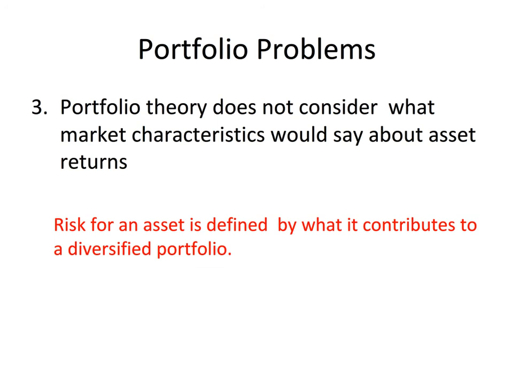You have a market in which people are bidding for an asset, building into the price of the asset their expectations of the returns for that asset, and that implies certain things about the relationship of returns between assets. And one of the things that comes out of that is that risk for an asset should be defined by what it contributes to the risk of a well-diversified portfolio.